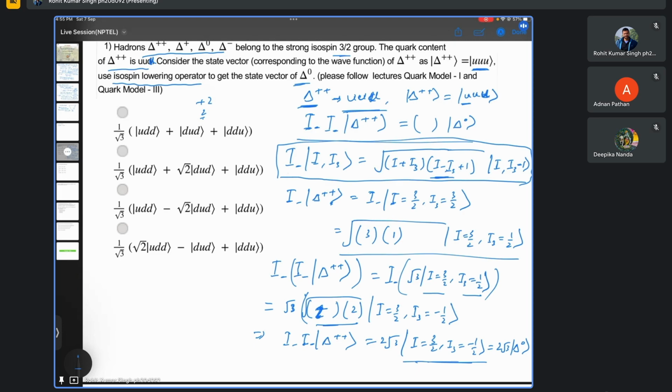This is a little strange. Wait, something is missing. Strong isospin 3 half group, hadrons.